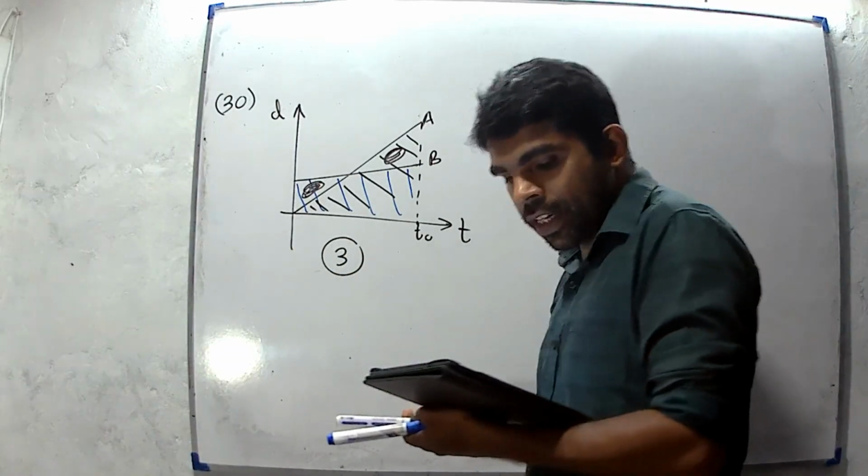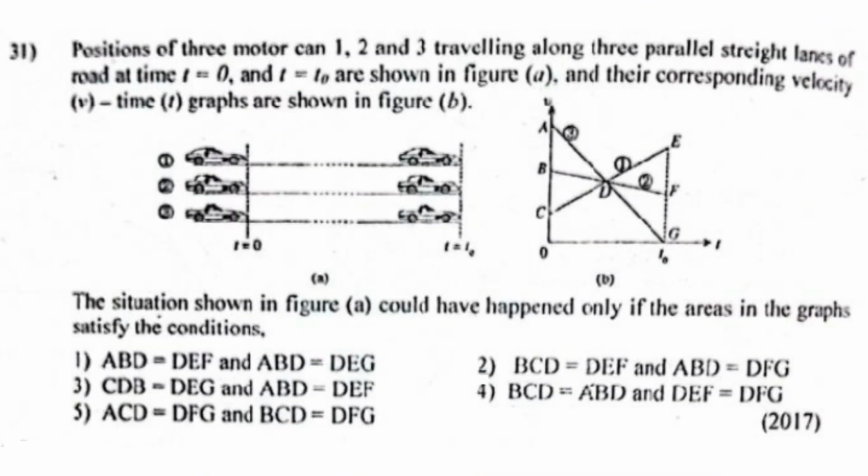Then question number 31. Positions of three motor cars, 1, 2 and 3, traveling along three parallel straight lines of road at time t equals 0 and t equals t naught are shown in figure A, and their corresponding velocity time graphs are shown in B. The situation shown in figure A could have happened only if the areas of the graphs satisfy the conditions.